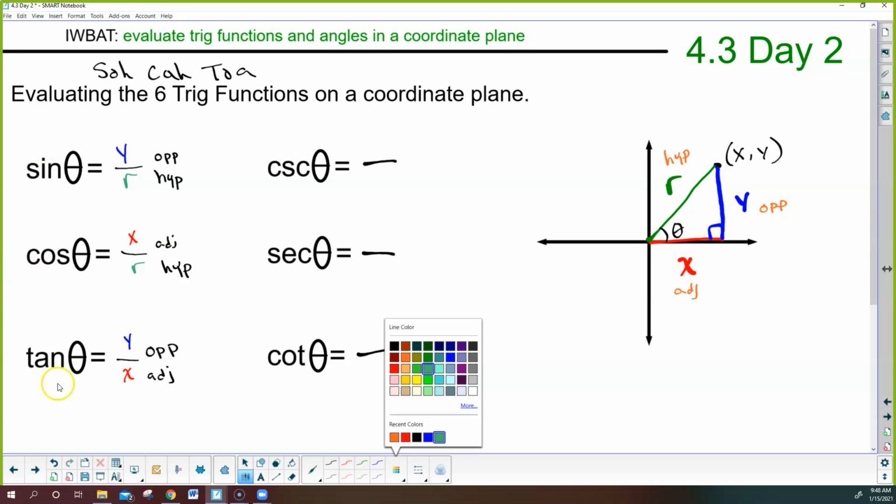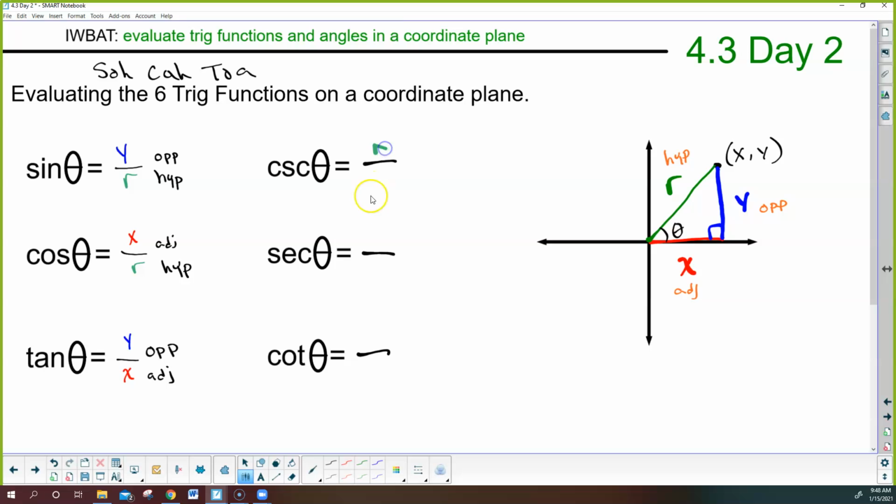So now that we know SOHCAHTOA, sine, cosine, and tangent, we automatically know their reciprocals. I purposely lined these up where the reciprocal of sine is cosecant, which is hypotenuse over opposite.